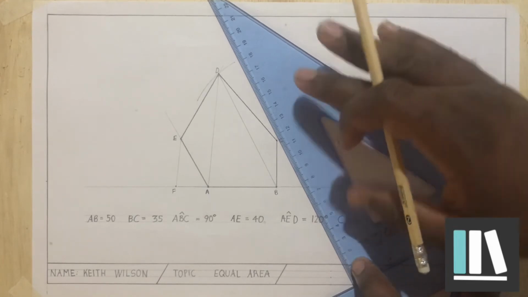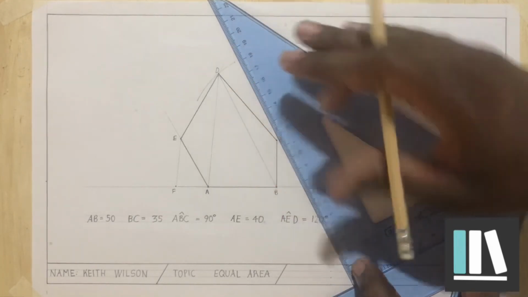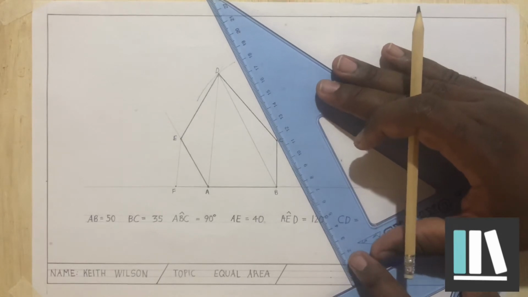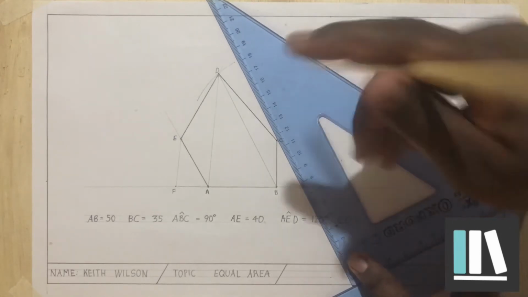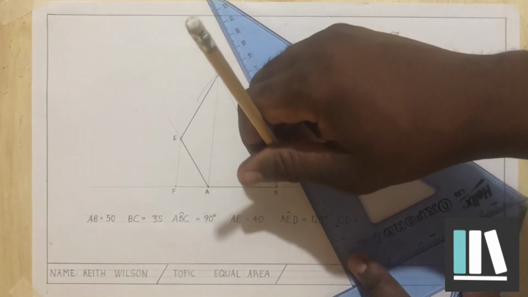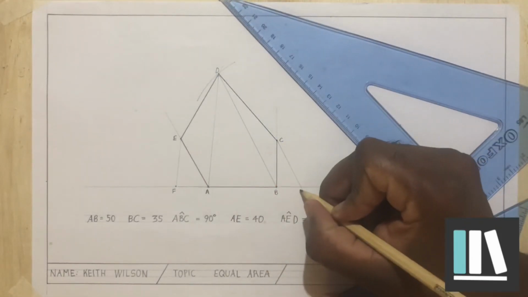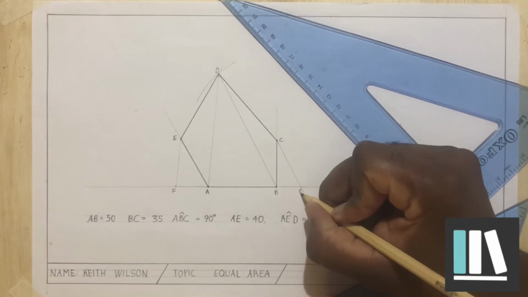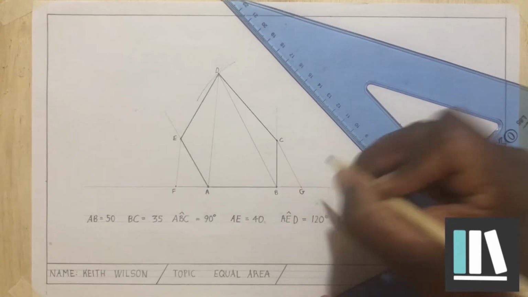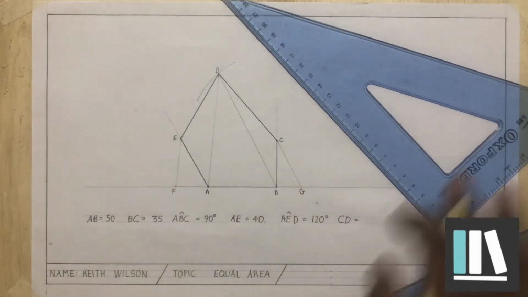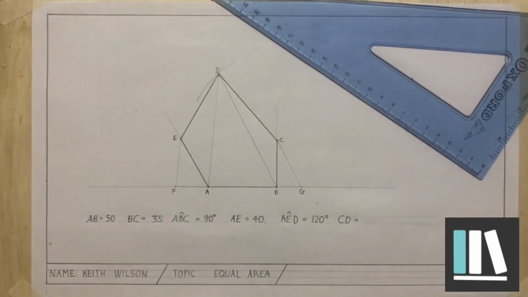At that point C, you're going to now draw the final construction line. And it is going to cut the extension of B. And that will give you point G. Now, points F and G, those points are the base for the triangle.